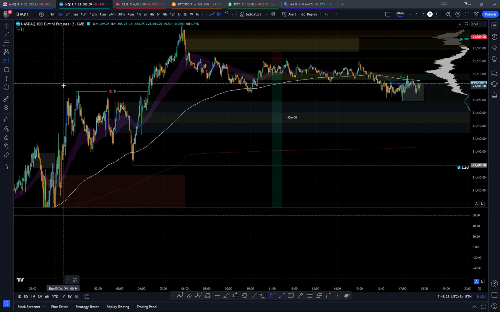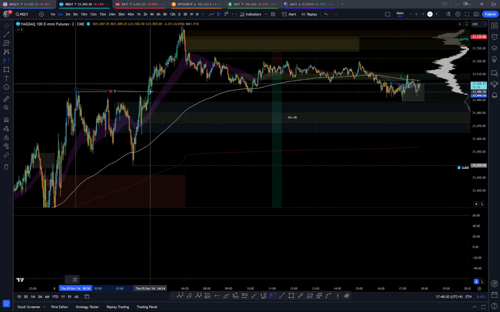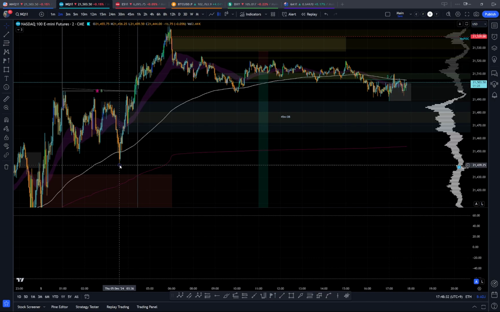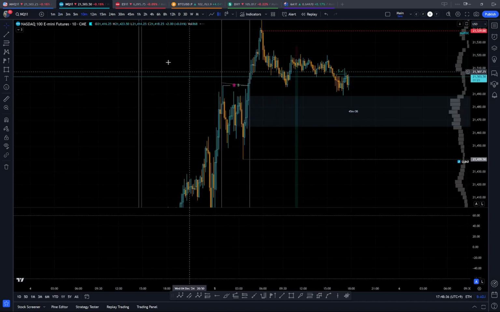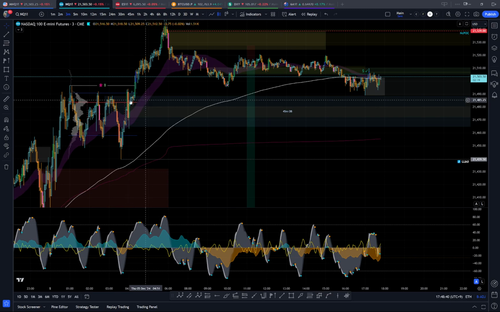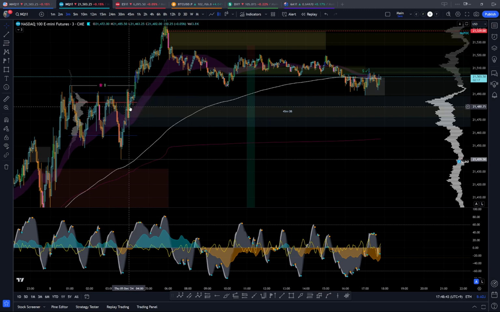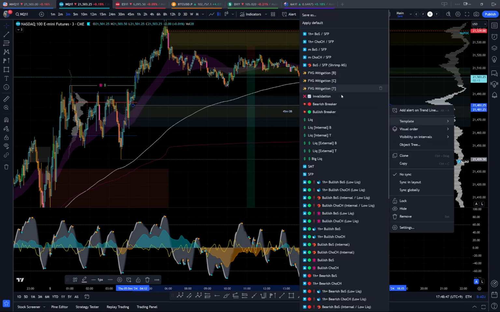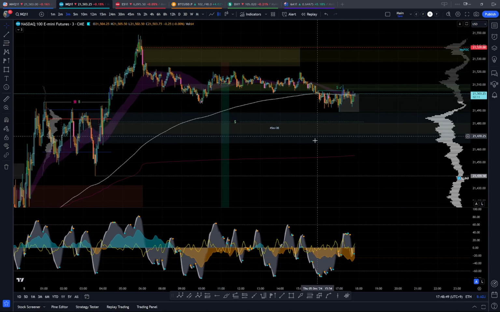Take the break of structure itself. Putting controls higher, putting controls around here. We have vector recovery as well, so a liquidity grab of this zone is on the cards.